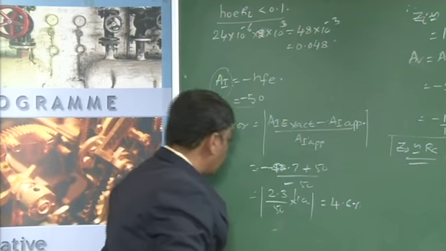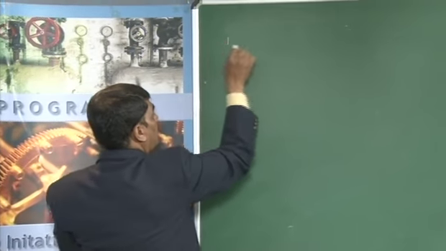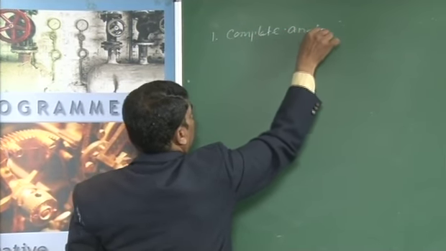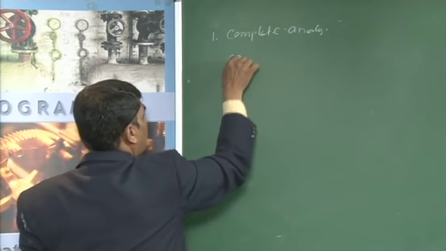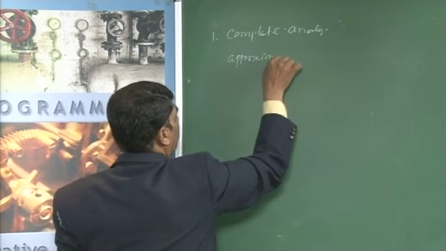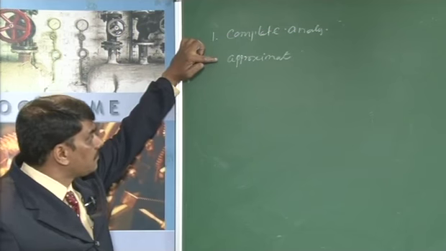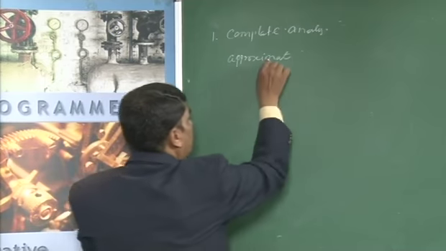Summarizing this session, we discussed the small signal model of the transistor. You have taken a complete analysis of an amplifier using a hybrid model, followed by an approximate analysis of an amplifier using a fixed bias circuit and a voltage divider bias circuit, and you also discussed the emitter follower.